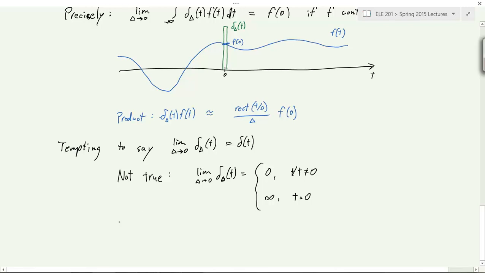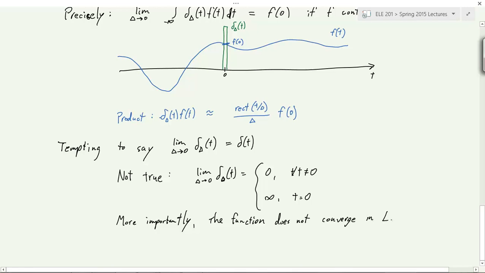And for those who are interested mathematically in looking at this integral, there's another important reason why this limit is not useful for our purposes, and that is that even though it does converge to this function, it does not converge in L2.